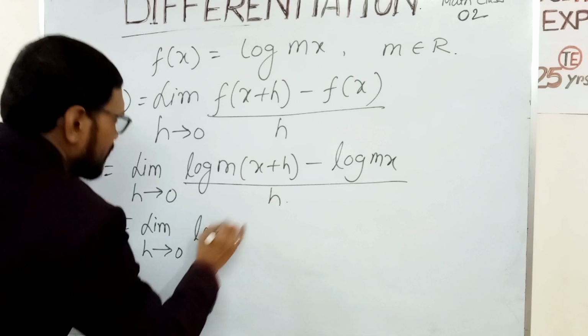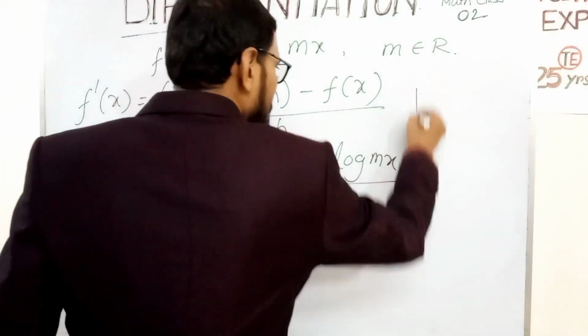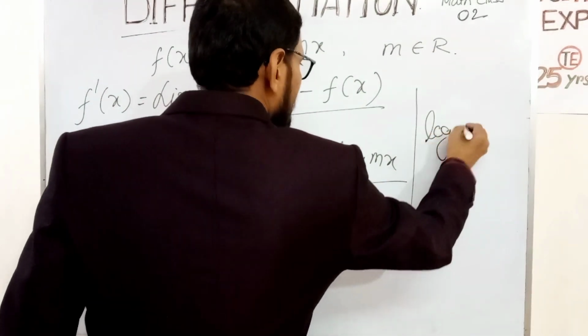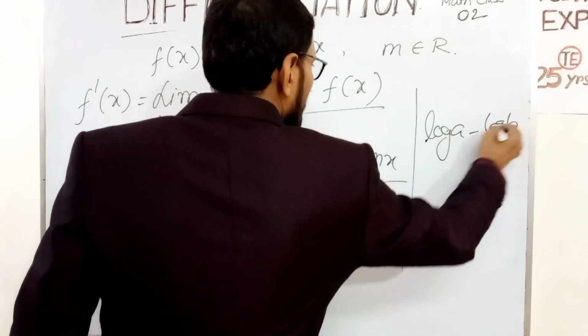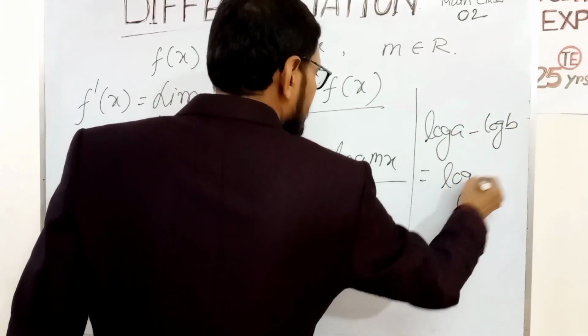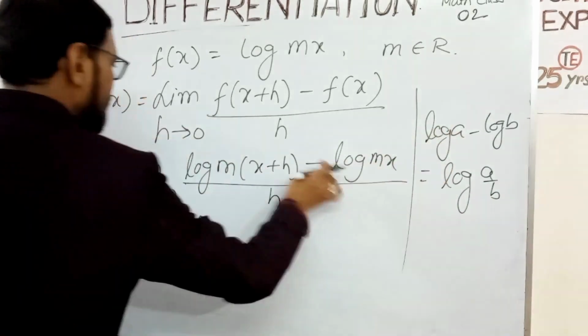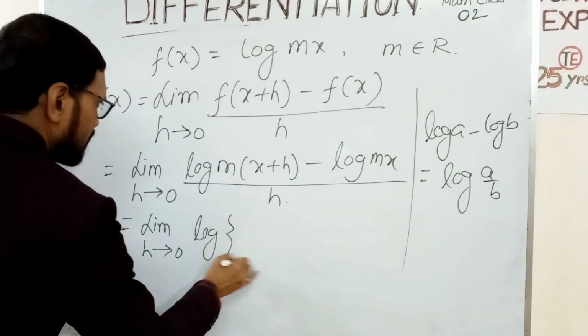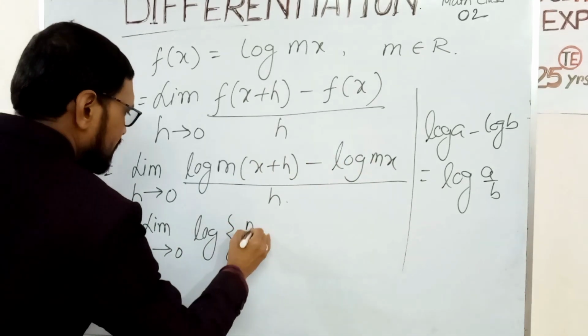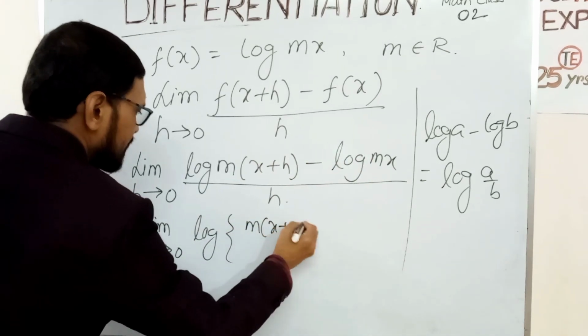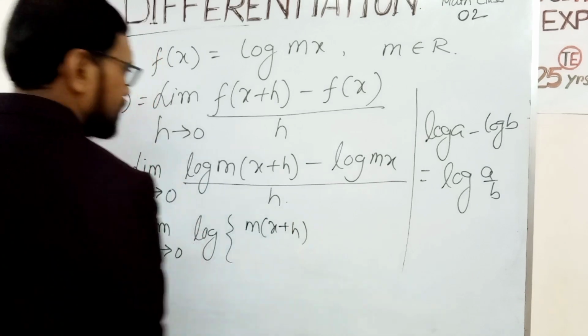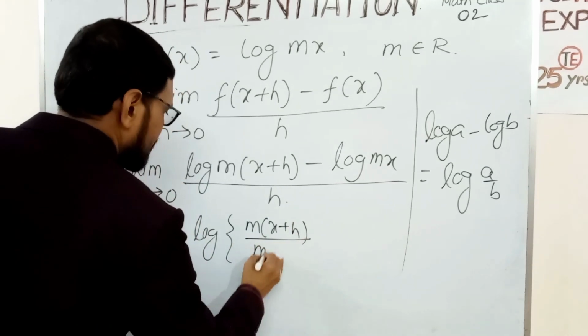So this becomes, we know log a minus log b equals log a by b. So use this formula here, log of m of x plus h by mx.